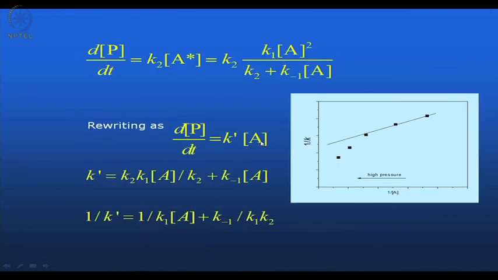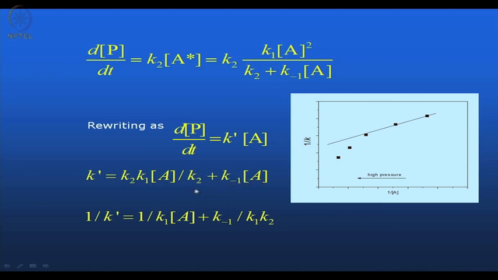That is why the minimum A to the power 1 term is written, and the rest may come into action depending on the pressure condition. So, the remaining term is K2 K1 A divided by K2 plus K minus 1 A.